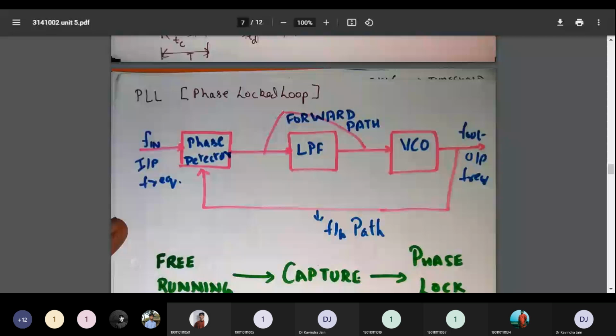The output voltage is DC in nature and is referred to as error voltage. The output of this block is DC in nature and is referred to as error voltage.